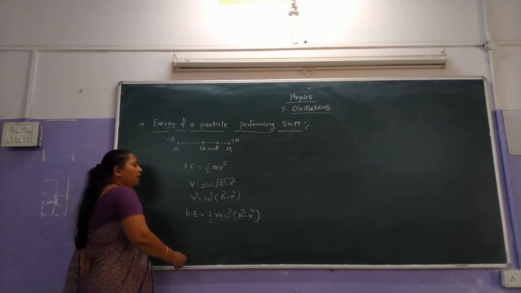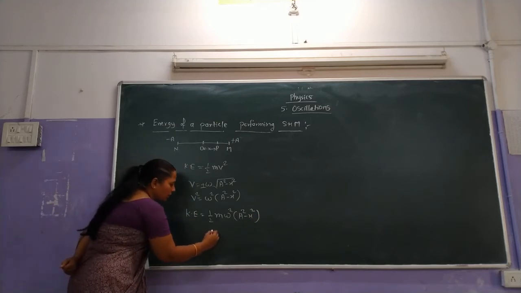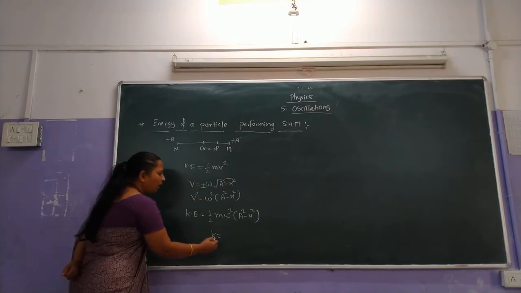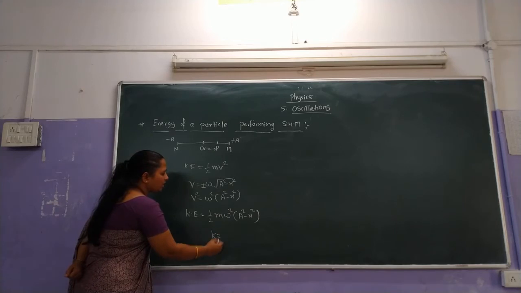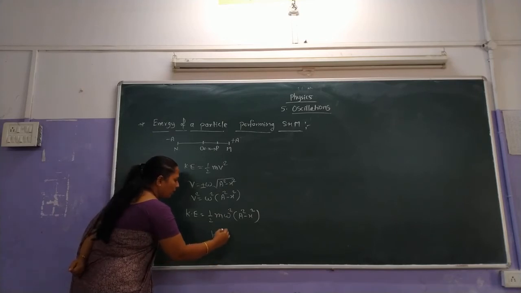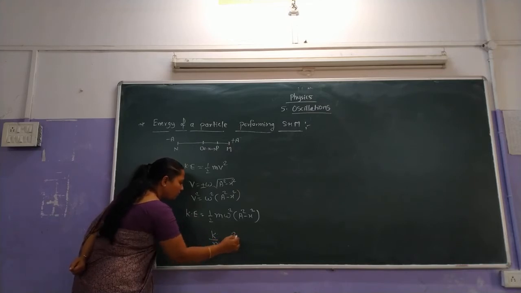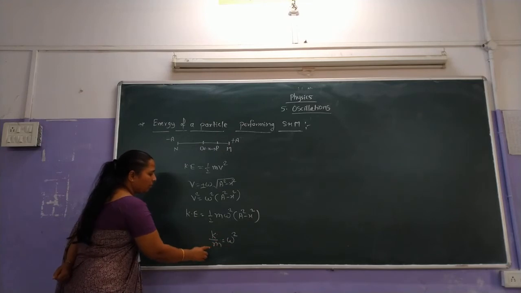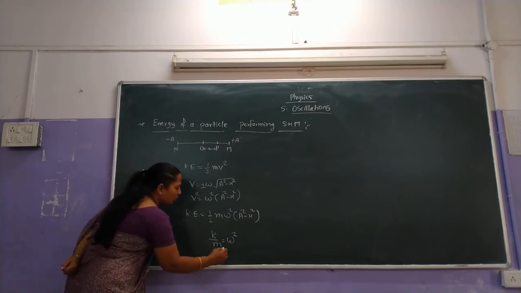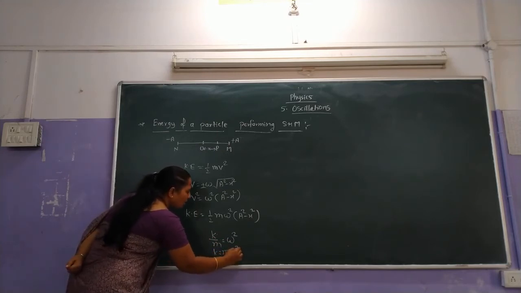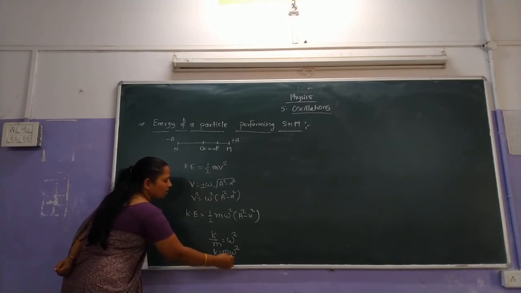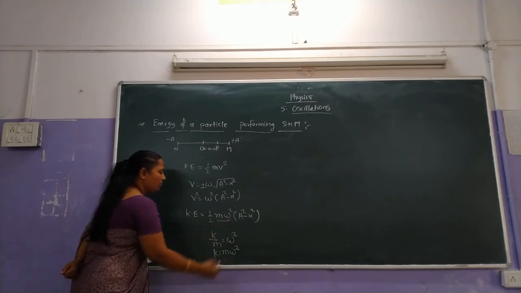But we assume that k is the force constant, and k upon m is known as omega square. Therefore, k is equal to m omega square.